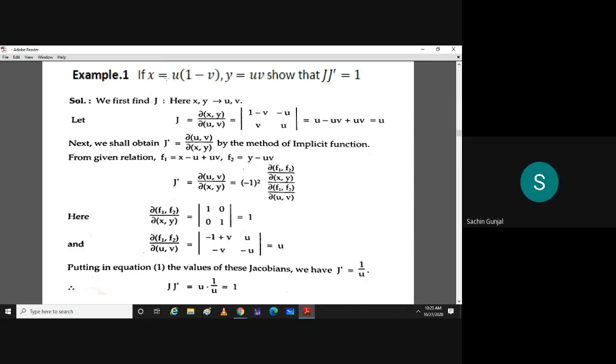You see, x is equal to u minus uv. But uv is y. So x is equal to u minus y. So u is equal to x plus y, right? Yes, sir. And once you have u, v will be y upon x plus y, right?